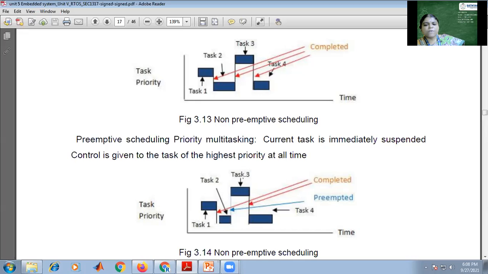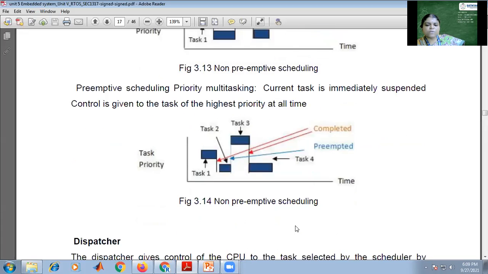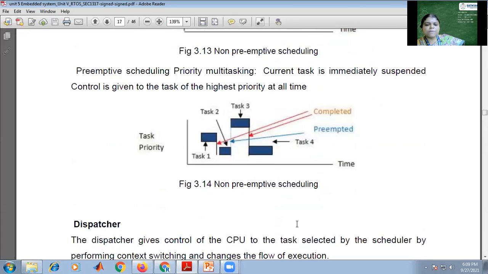If a request comes from task 3, which has more priority than task 2, immediately the CPU control will be given to the highest priority task, which means task 2 will be preempted, and then it goes to task 4. So this is said to be preemptive scheduling.